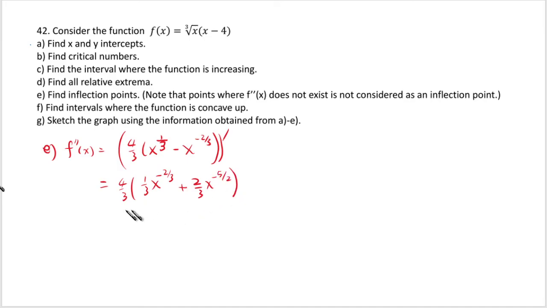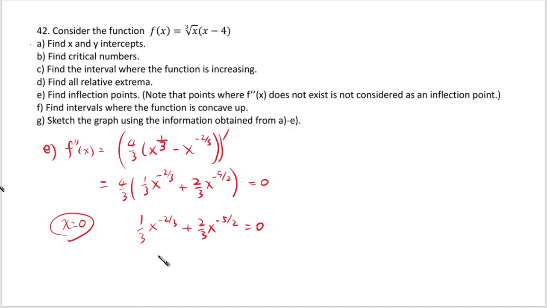Now once again, x equal to 0 is a critical number for f double prime, because at x equal to 0 this doesn't exist. And then if you want to see when this is equal to 0, we have 1/3 x to the negative 2/3 plus 2/3 x to the negative 5/3 equal to 0.